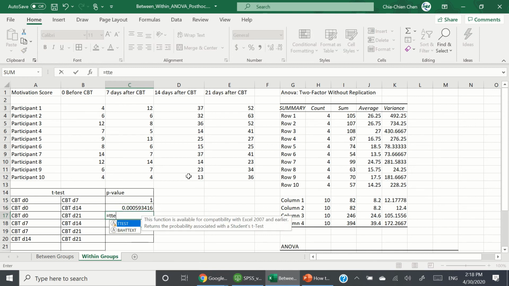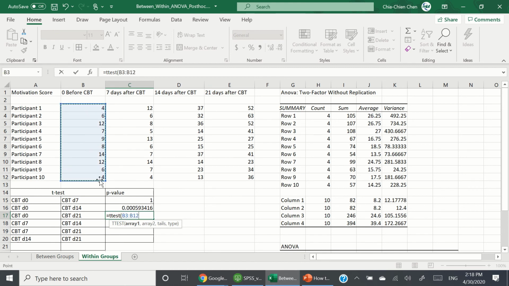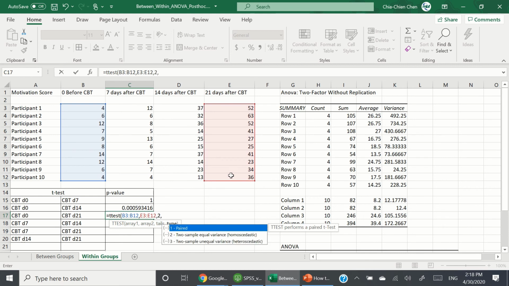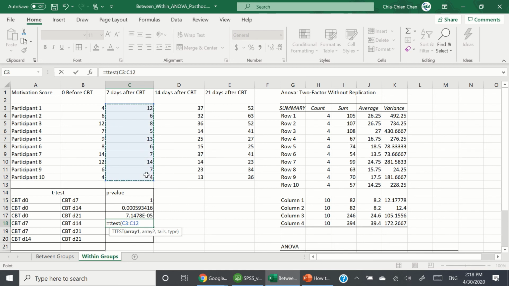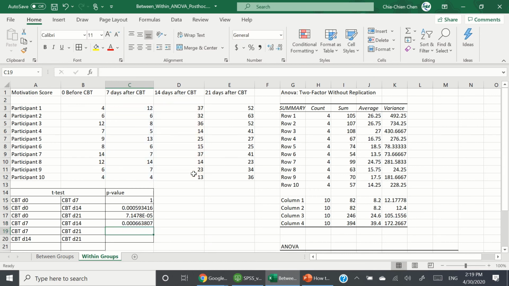Now you cannot just drag this down by a copy and paste. You can't do that. Because all the arguments that you're giving it are different, you should really do this one by one if you decide to do this on Excel. Okay, so now we're looking at 7 versus 14, and this is two-tailed, 1.